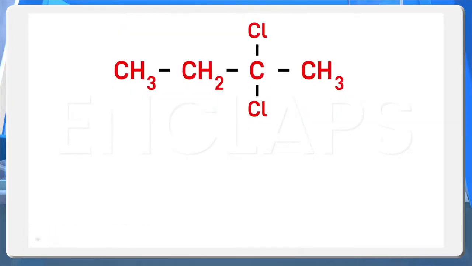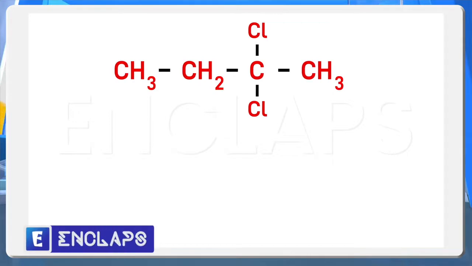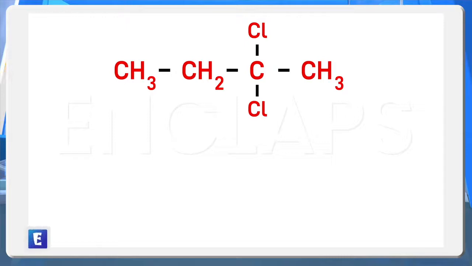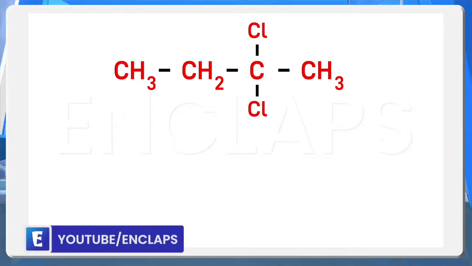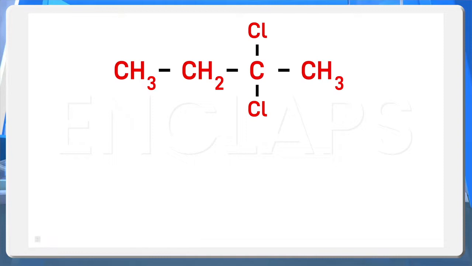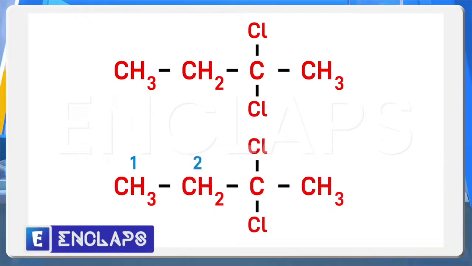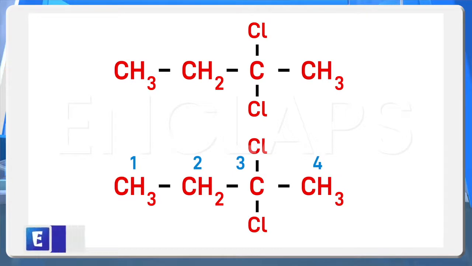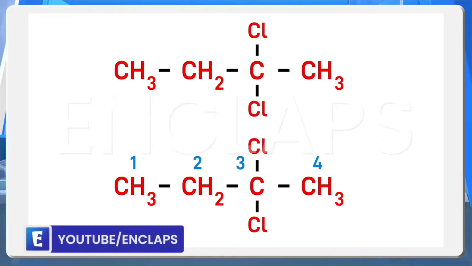We have another compound here. What is the speciality? Yes, 2 functional groups are attached to the same carbon atom. CH3, CH2, C. In that carbon atom, 2 chloro groups are present. Then CH3. When we number from left to right, the carbon atom having the functional group gets the number 3.